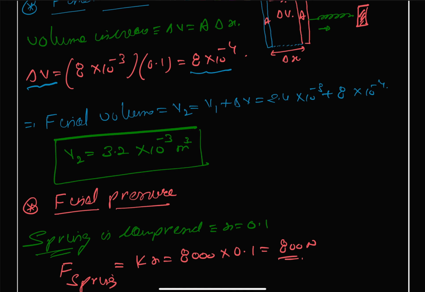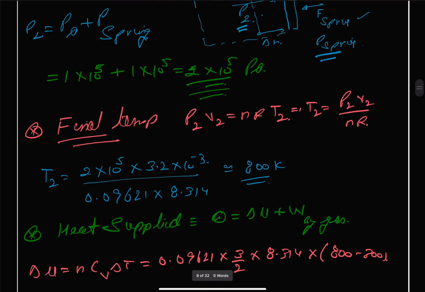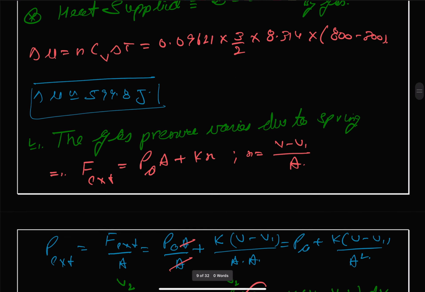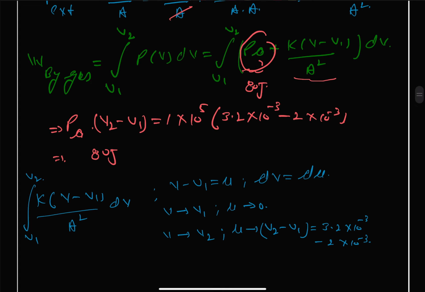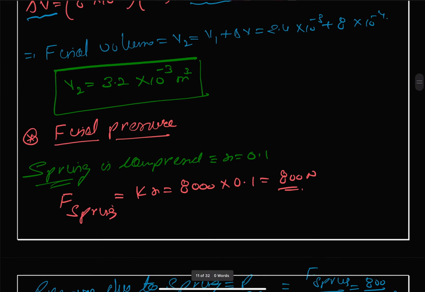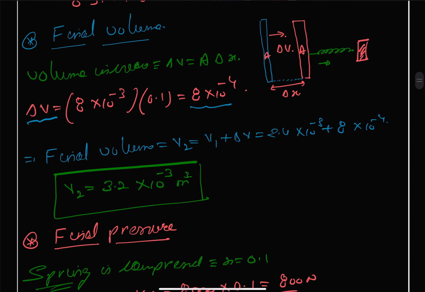Okay, and yep, my mistake, I calculated it wrong. Change in volume is 8. Okay, so let me correct this. Change in volume is V2 minus V1, this is 8 into 10 to the power minus 4.